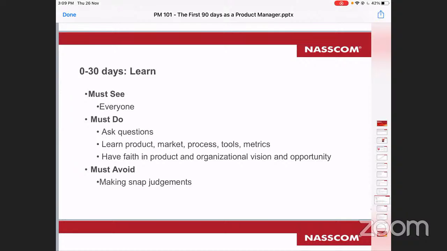Second, I think again, learning about product, market, process, tools, and metrics. Well, I think one of you already asked about this question. I kind of answered part of it. So the reason I put the tools and metrics is you need to understand what are the tools that your team is using to even conduct your own job role of product management. Sometimes that can itself be a blocker.